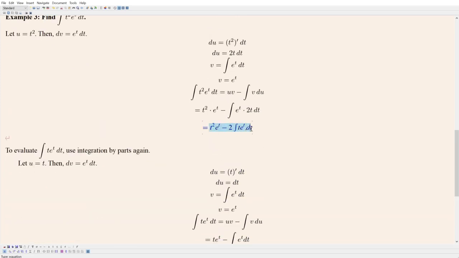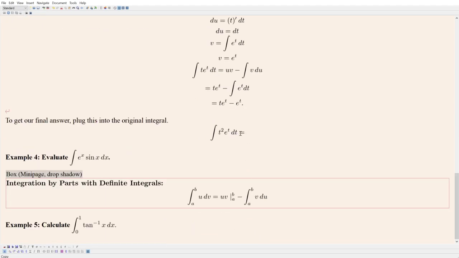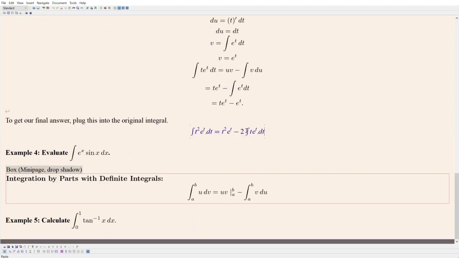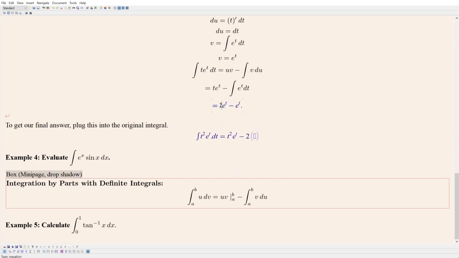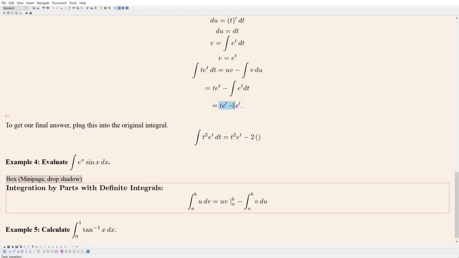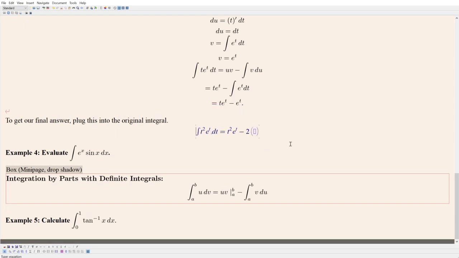And that was equal to all of this. But then, instead of this integral here, we have this. And now we can add the plus c.